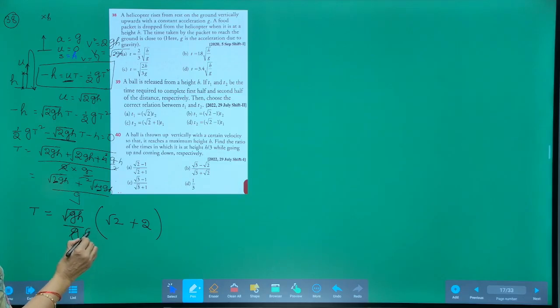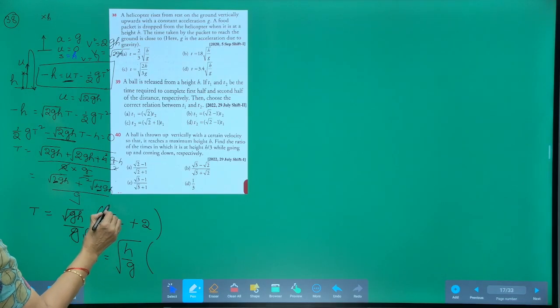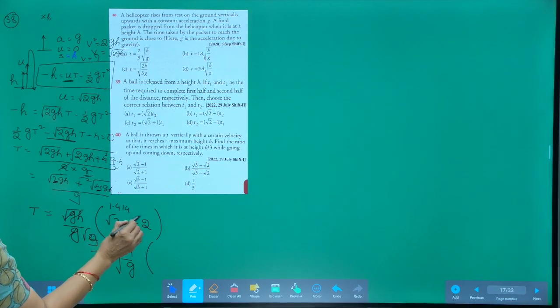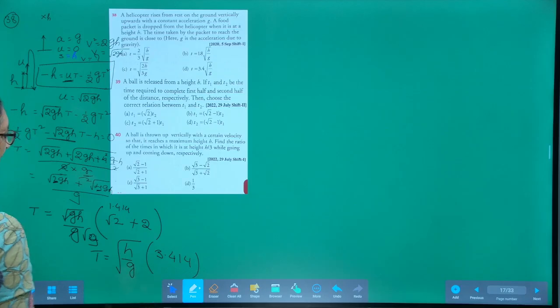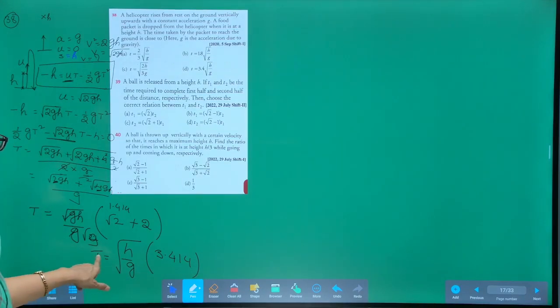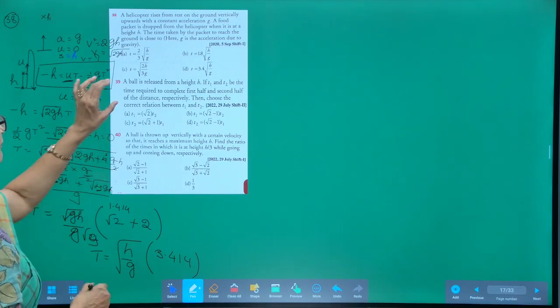So this root g gets cancelled. So t is equal to root of h by g, times root 2, which is 1.414, plus 2, which is 3.414. So our answer is t is equal to root h by g times 3.414.